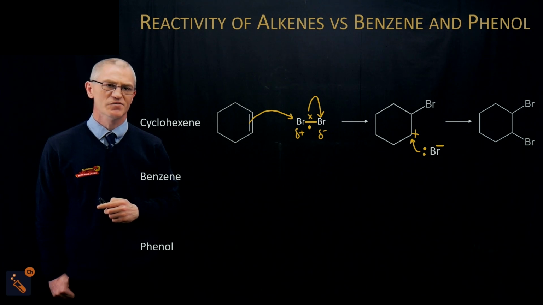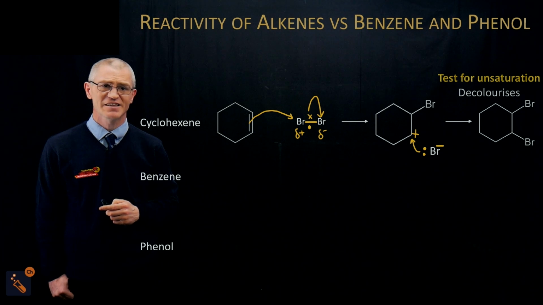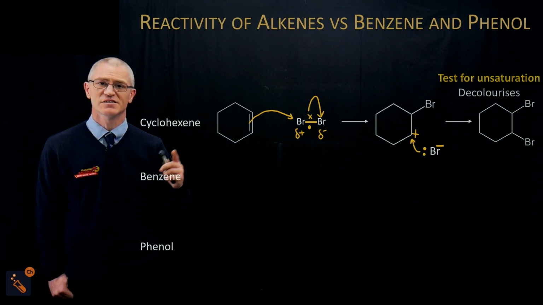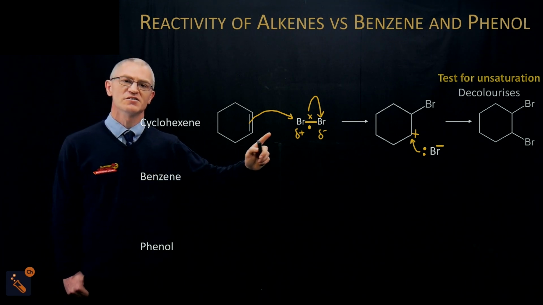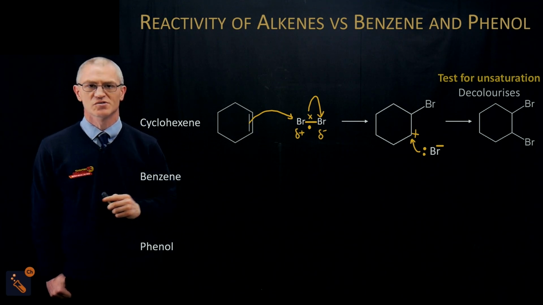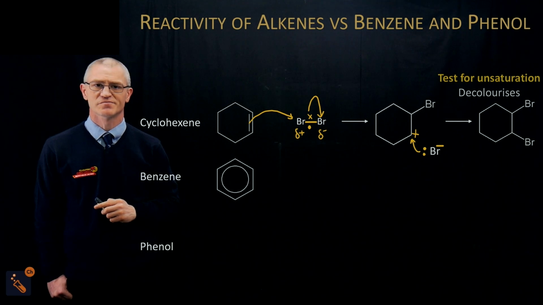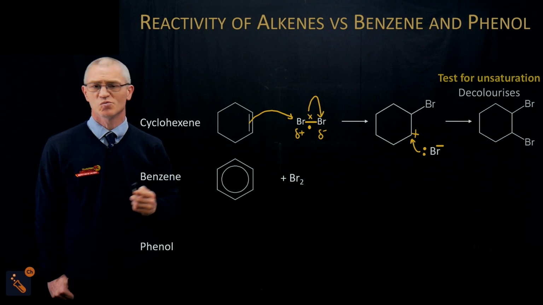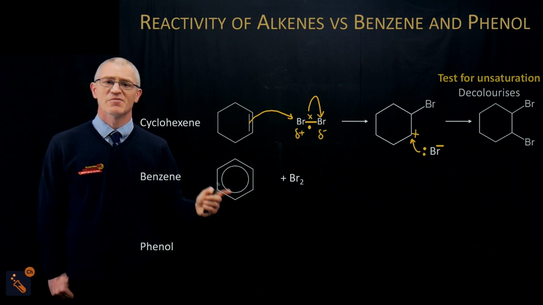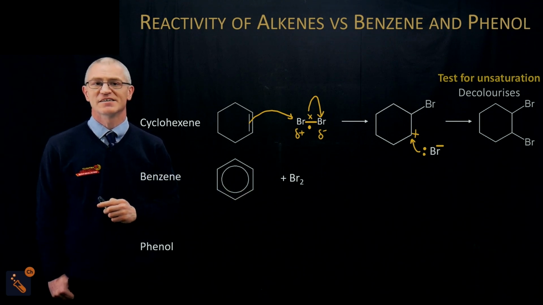Now, we form a dibromo cyclohexane molecule, so 1,2-dibromo cyclohexane. And this is a test for unsaturation. So this is a test for unsaturated molecules. So this means it will decolorize, and you can know whether it's an alkene or not. Now, benzene can have bromine added to it, but benzene with bromine needs a halogen carrier.